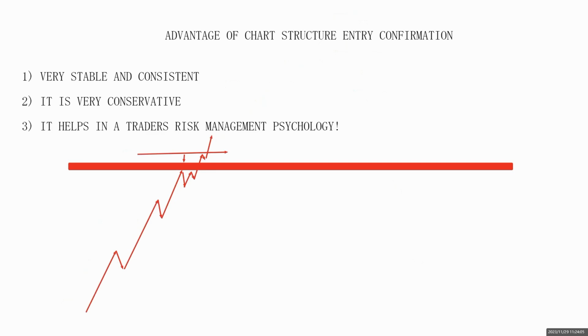Now let's look. Let's say this is the reversal candlestick confirmation. Now we want to make a case for chart structure confirmation.